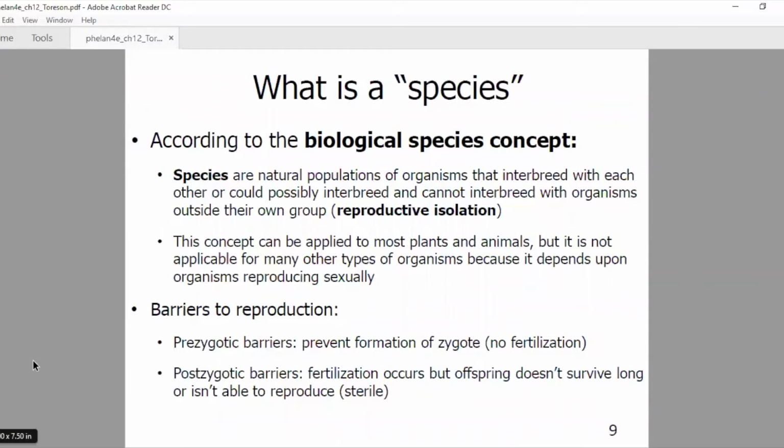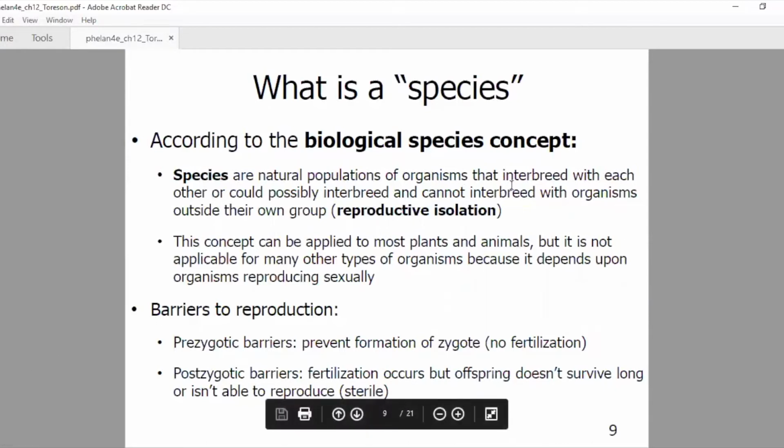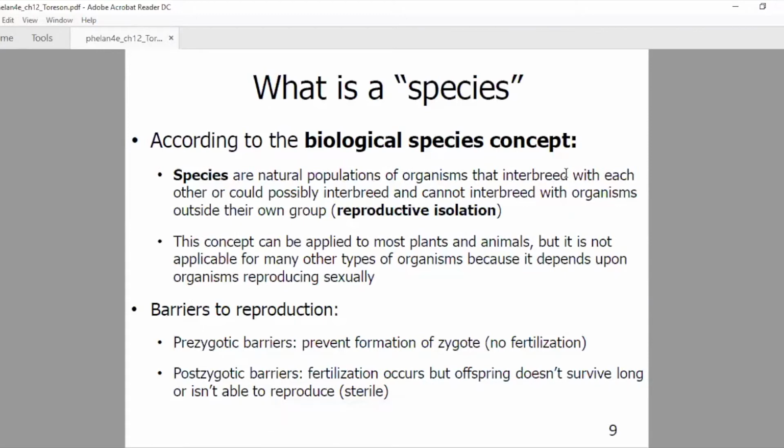This is called reproductive isolation. By using the issue of whether or not organisms can interbreed, we can define certain species. However, this limits our discussion to organisms that reproduce sexually.